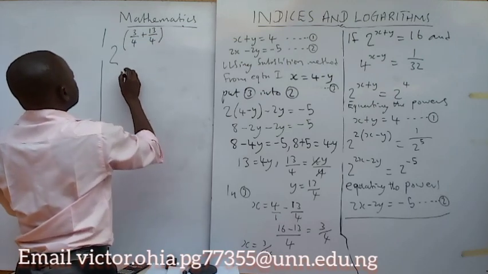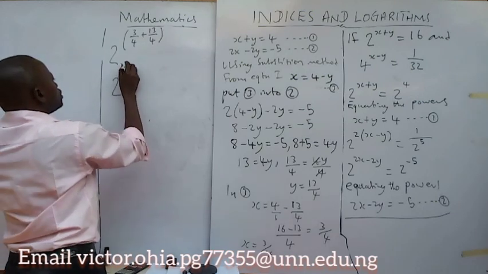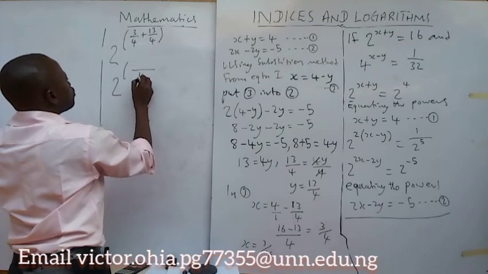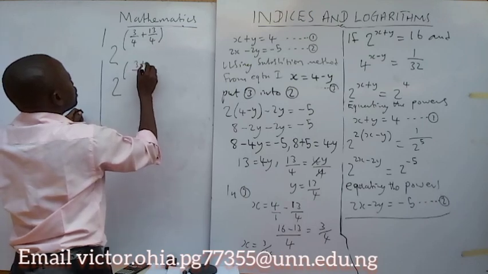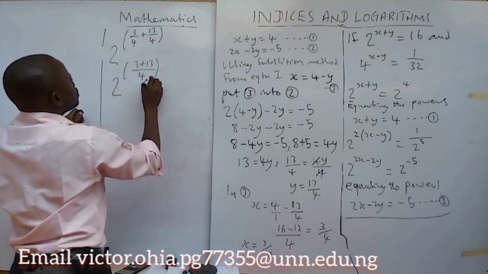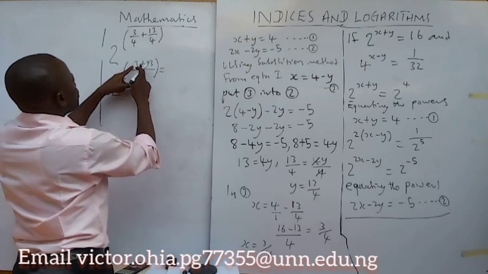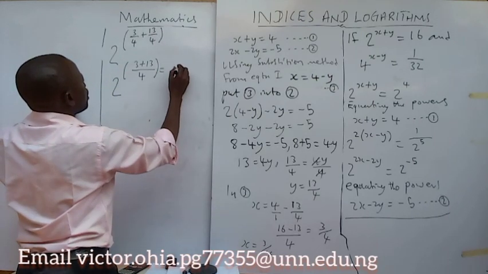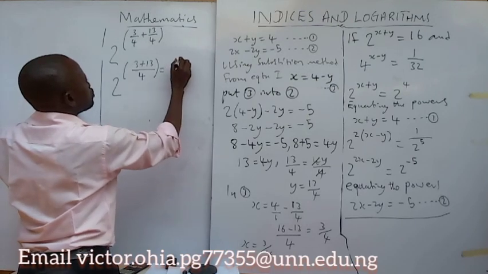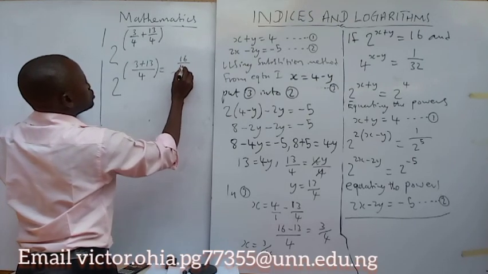So I am having now 2 into LCM 4. This is now 3 plus 13. 3 plus 13 will give us 16. And then we have 2 raised to power 16 divided by 4. 16 over 4.